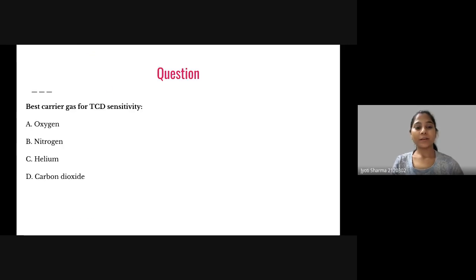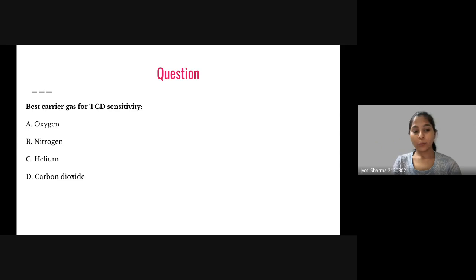What is the best carrier gas for TCD sensitivity? Oxygen, nitrogen, helium, carbon dioxide. Yeah.